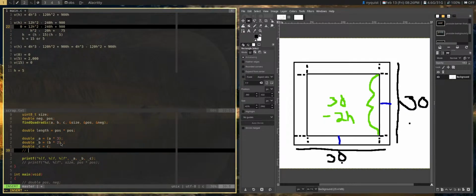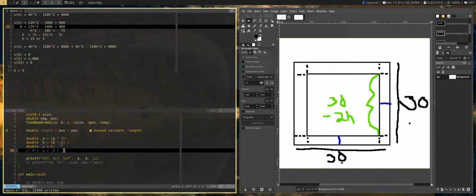So now somehow 0 equals A plus B plus C, and figure out what that would equal if it equaled 0. And I still feel like I'm overthinking this in some way.